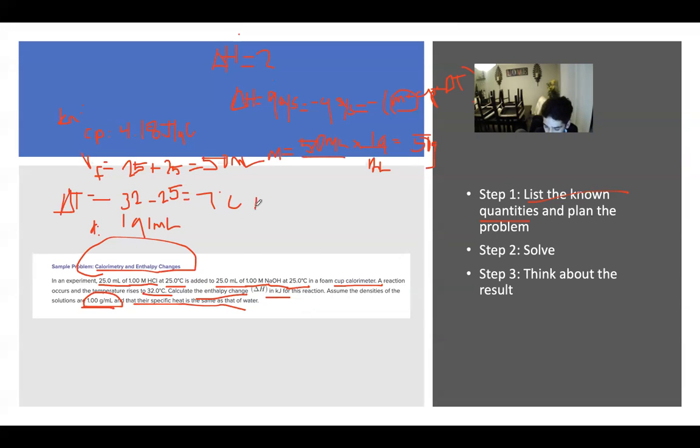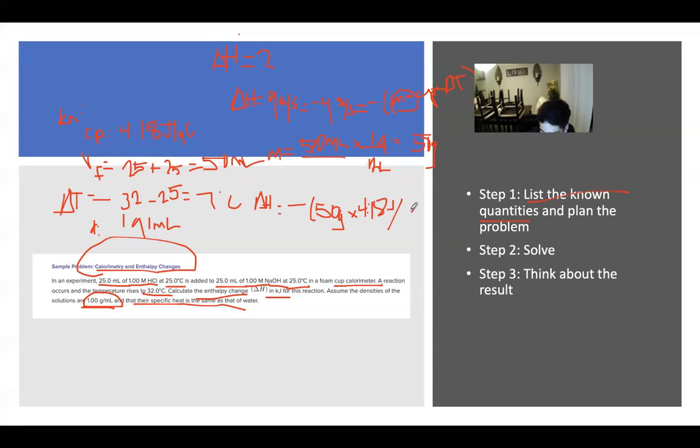So now you're looking for delta H. We said that it's negative, 50 gram mass, times your water specific heat, 4.18 joules per gram Celsius. Make sure you're putting down all your units.